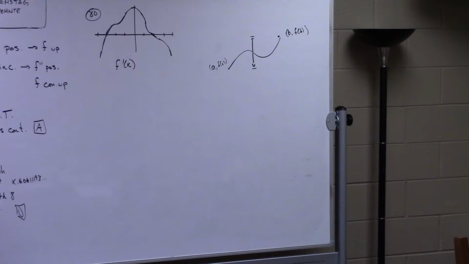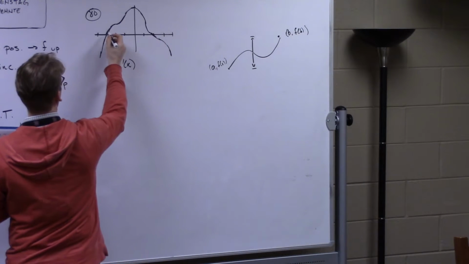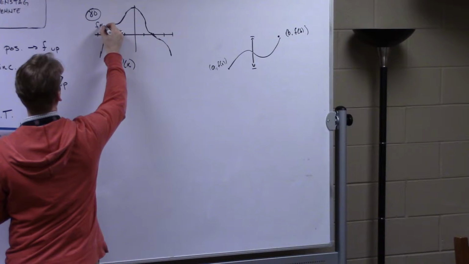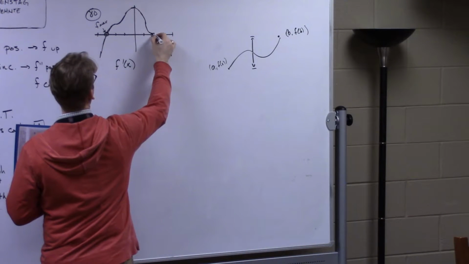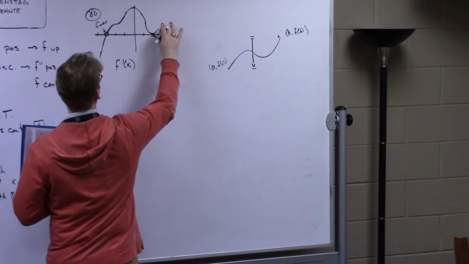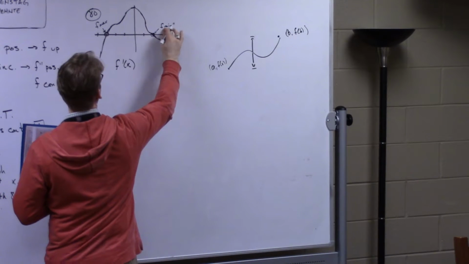And we would have a max where f prime goes from positive to negative. So this point right here is where f has a max, and this point right here is where f has a min. Okay?